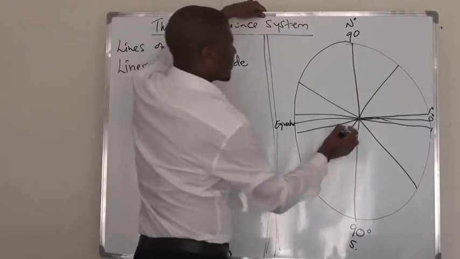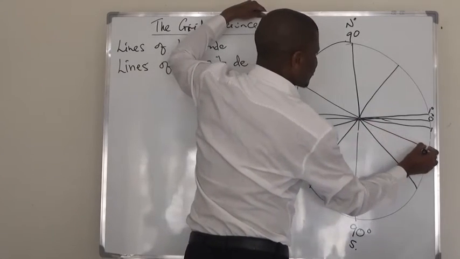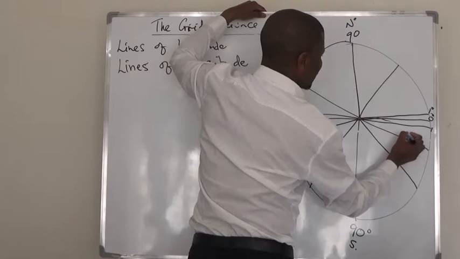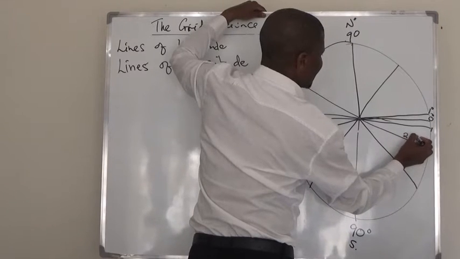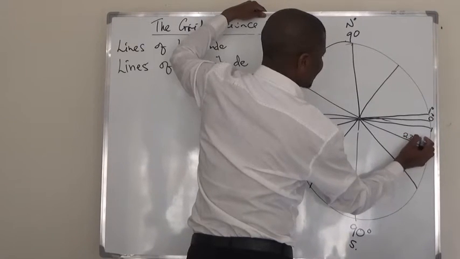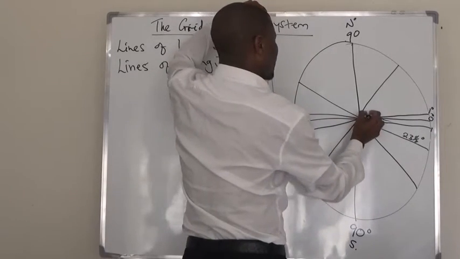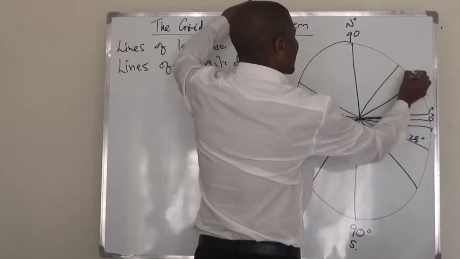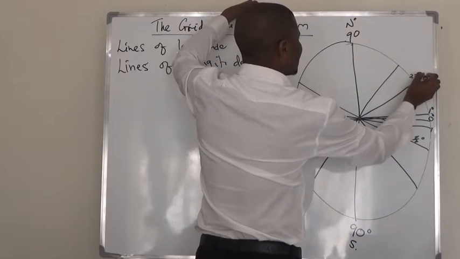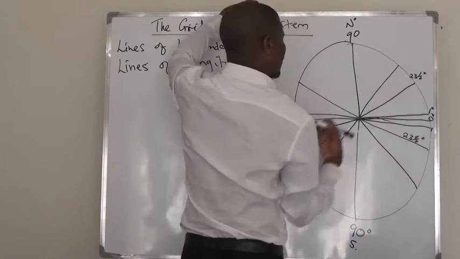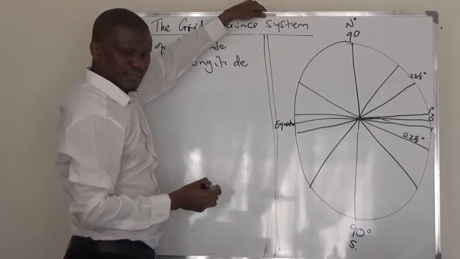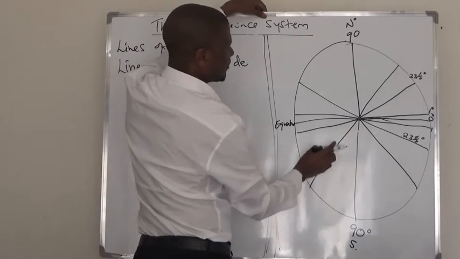For instance, you remember that the Tropic of Capricorn is 23.5 degrees south, whilst the Tropic of Cancer is at about 23.5 degrees north. So that's how they then developed.